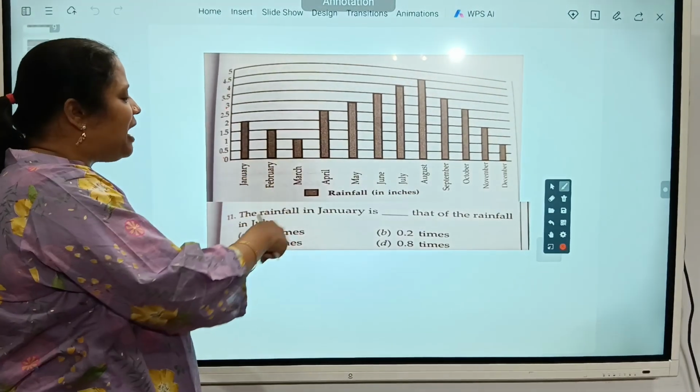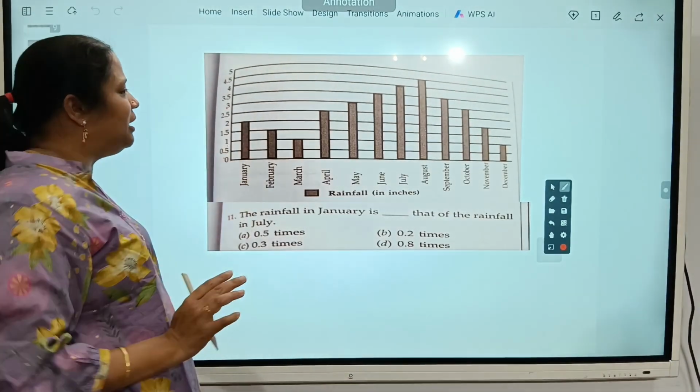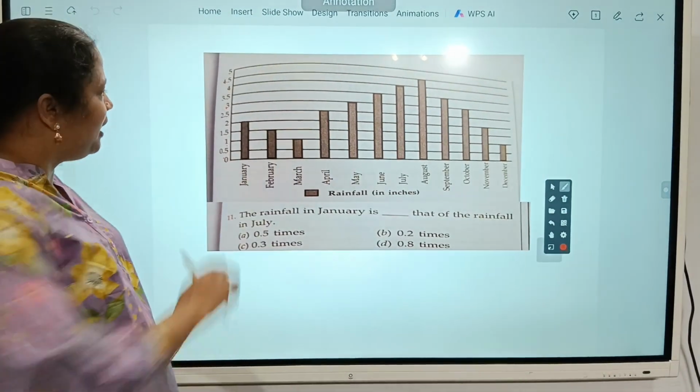Now based on this graph we have to find out answers for the following questions. First of all we will note the rainfall value in the graph.